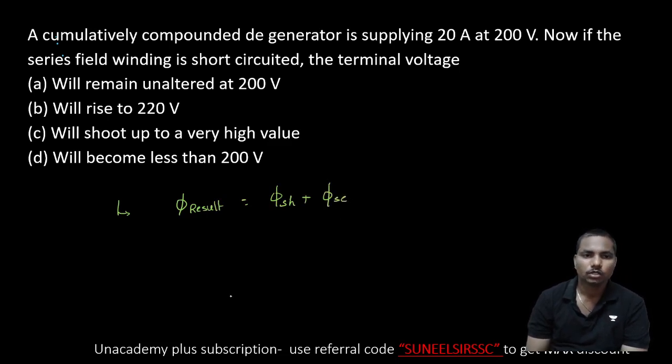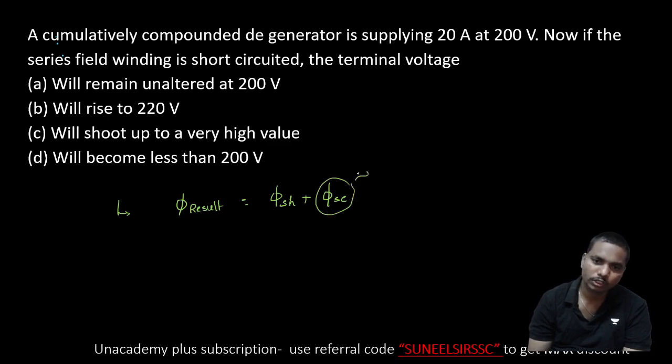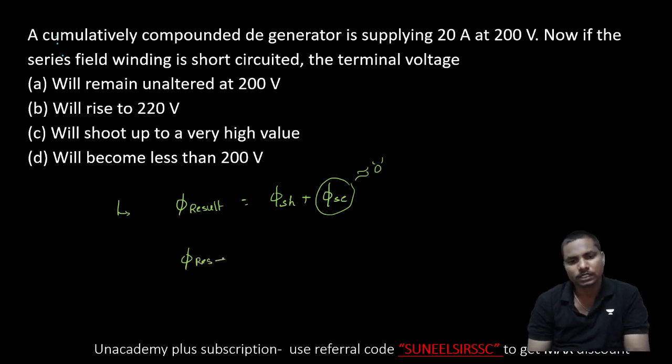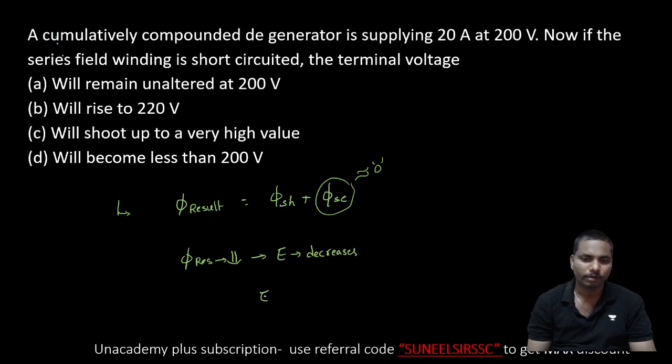If the series field winding is short circuited, it makes its flux almost zero, so the resultant flux decreases. Whenever the resultant flux decreases, the EMF also decreases, because EMF is proportional to φ. So it will be less than 200 volt.